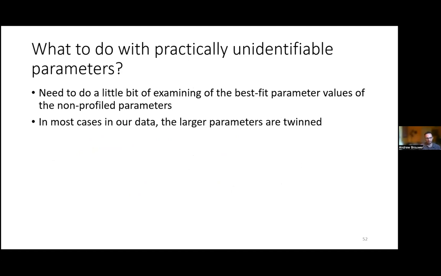In the interest of time, I'm not going to show it, but you can check to see what's happening in your parameter profiles. In this case, generally speaking, the larger parameters are twinned, so that you have 1 small and 2 large parameters in those wells. This was just one individual, one set of observations, but we can do this over, in this case, 20, and this is what most often happens.